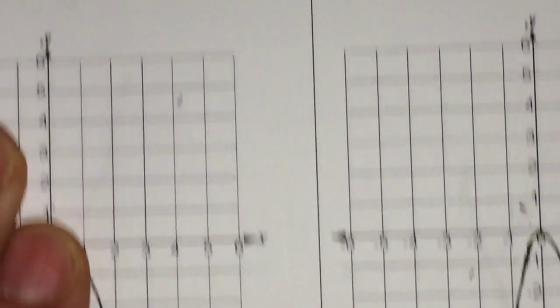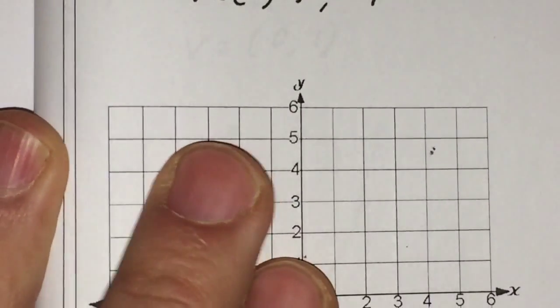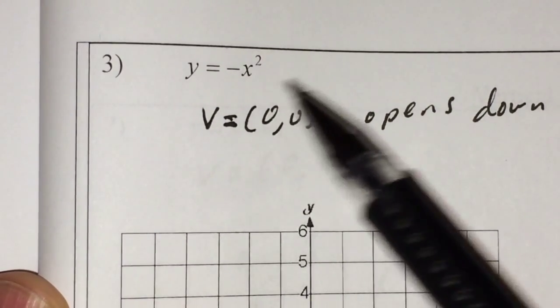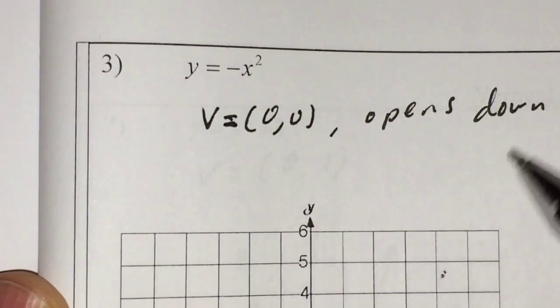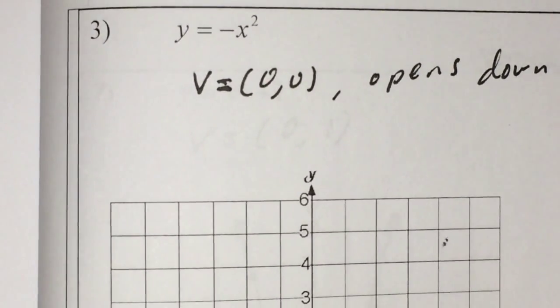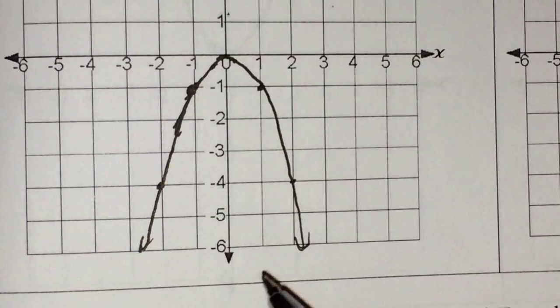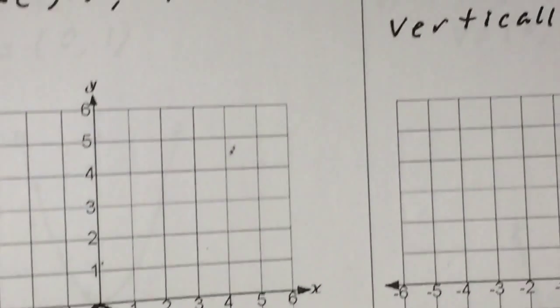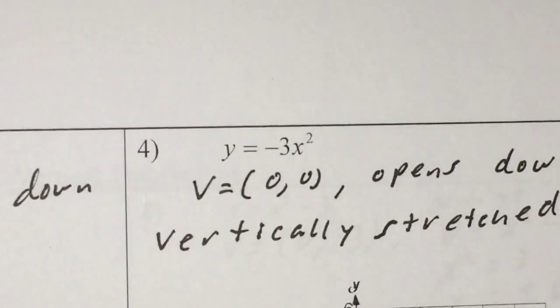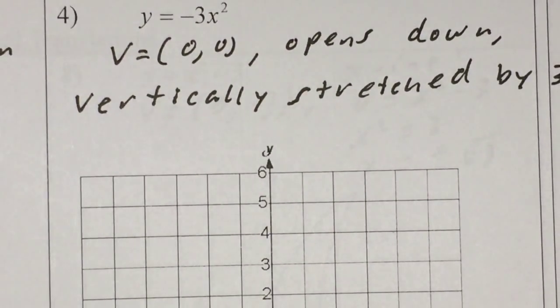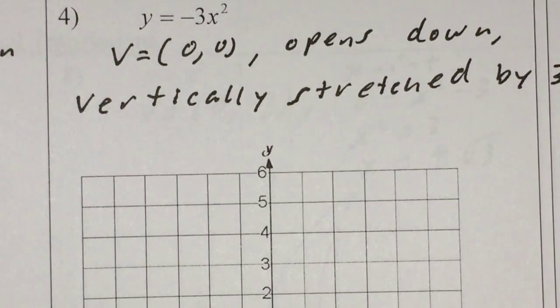Now, vertical stretch with negatives, like y equals negative x squared, is the same thing. The vertex is (0, 0), and it opens down, so all the y values are negative instead of positive. Negative 3x squared is the same idea, but it's been vertically stretched by factor 3.